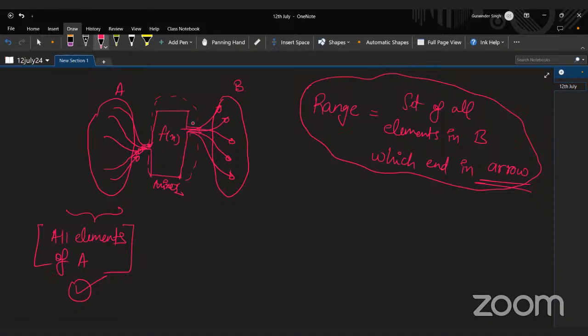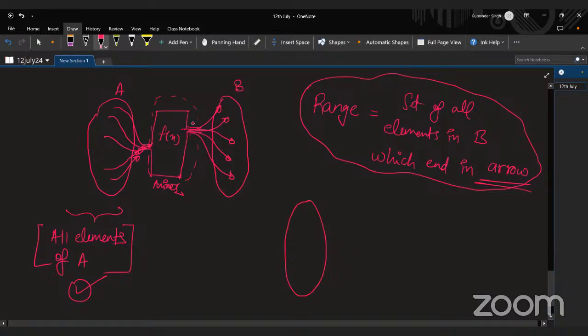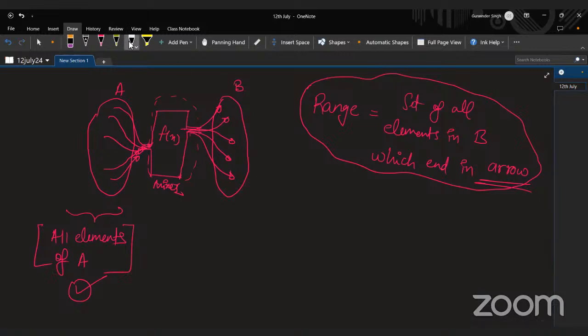Let us say I have toothpaste in my set B. No matter which element of A I take, a mixer will never give me toothpaste. So it is not necessary that every element of B is ending on an arrow.